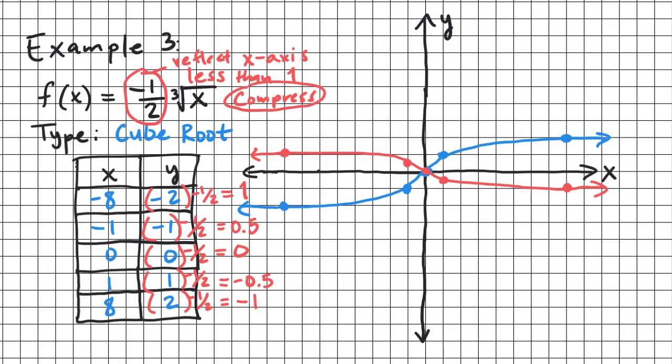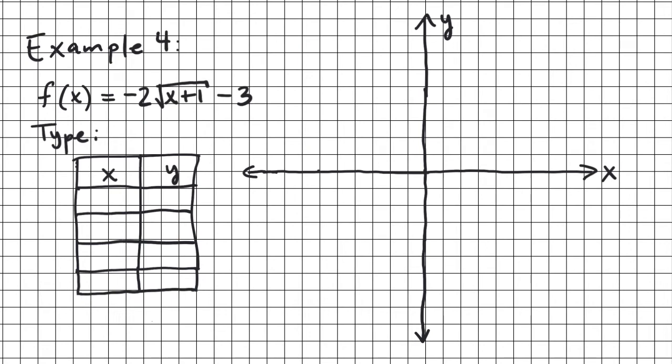Let's go to the next example. So the type of function we have here is a square root.